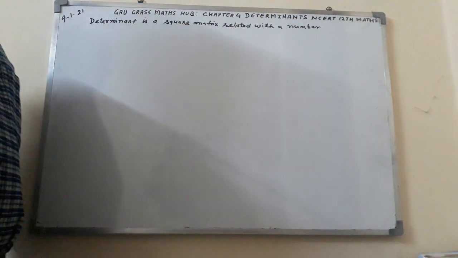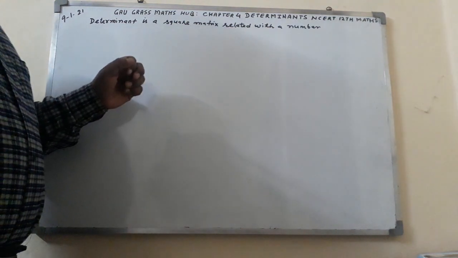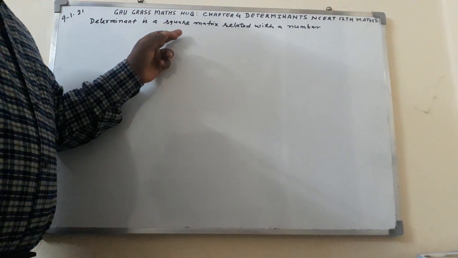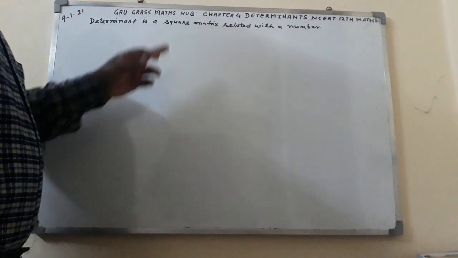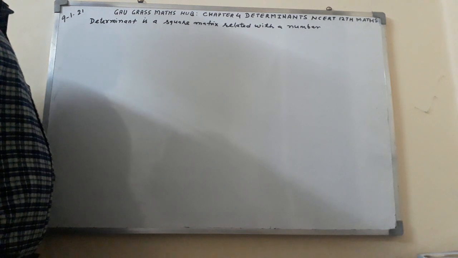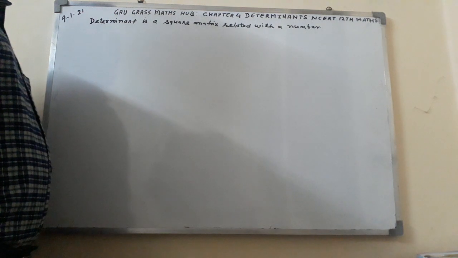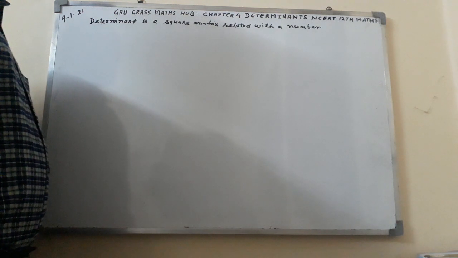What is a square matrix? A square matrix is a matrix which has the same order. This means that the number of columns is equal to the number of rows. If the matrix is of order 2 cross 2, this means that the number of rows is 2 and the number of columns is also 2.